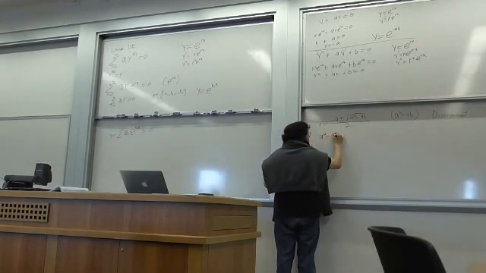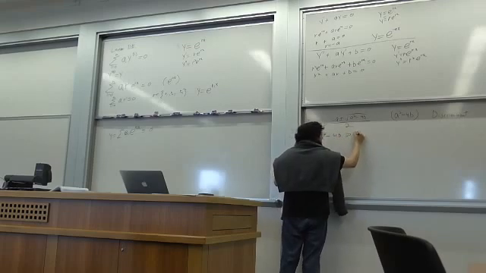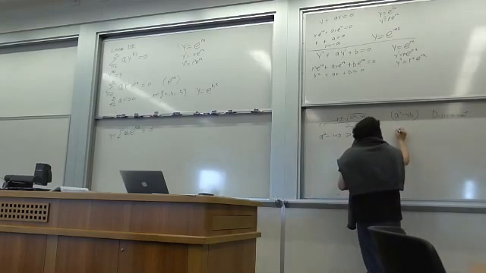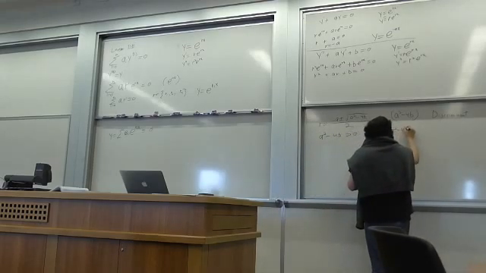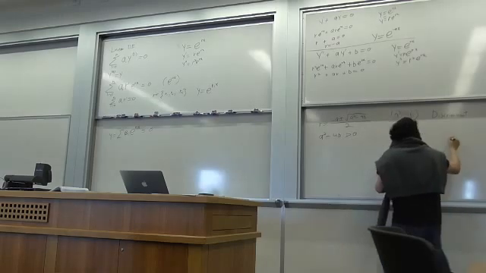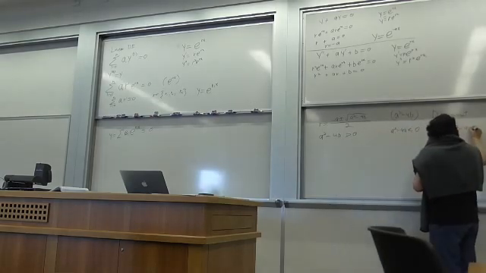It depends on whether a squared minus 4b is greater than 0, less than 0, or equal to 0.